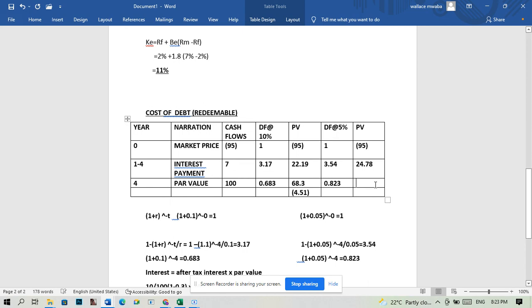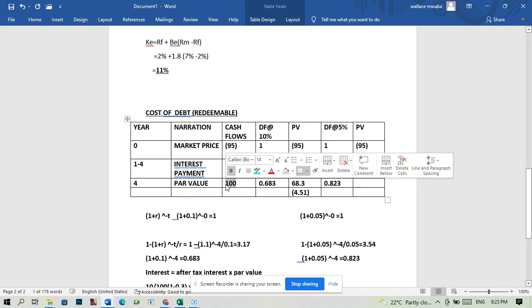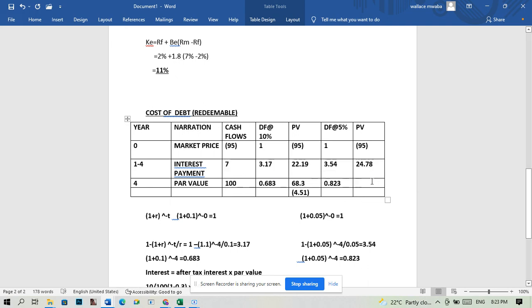And then 100 times 0.823, it should be 82.3.